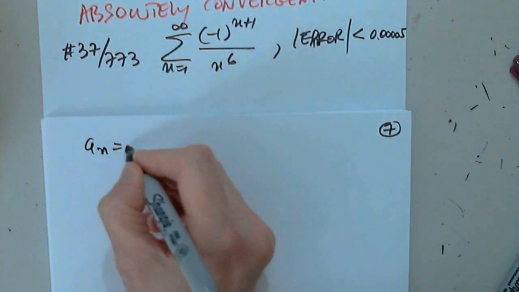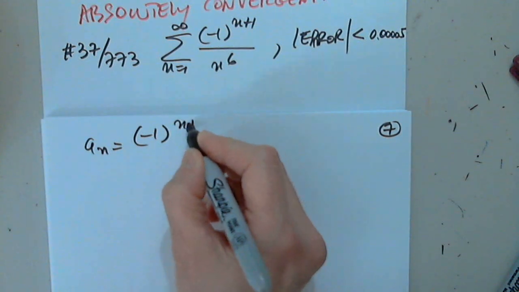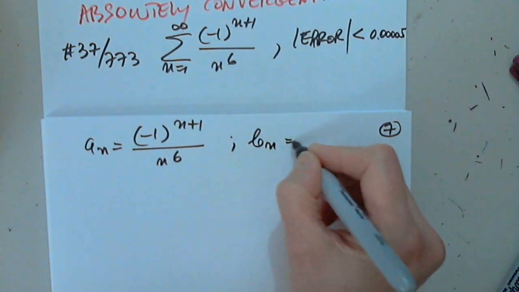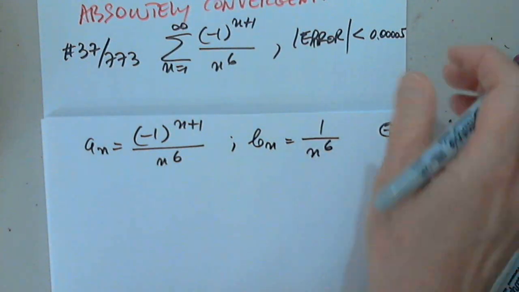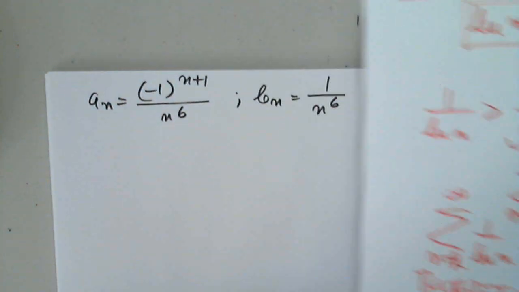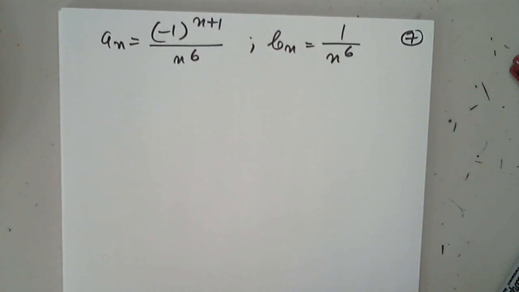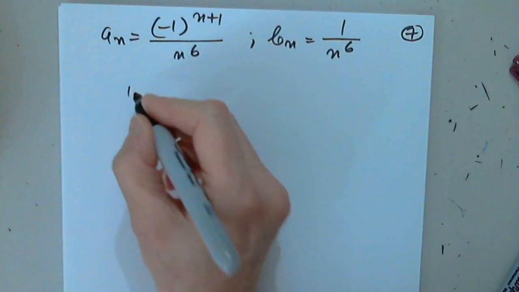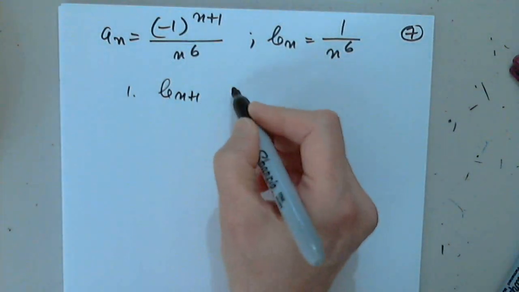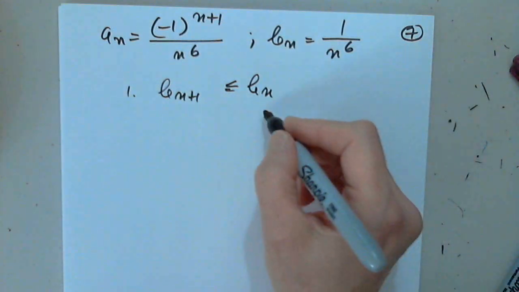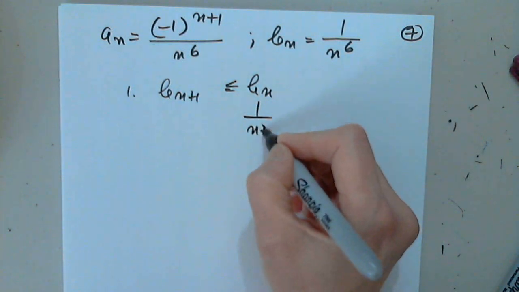Okay, so first let's talk about the convergence of this series. So again, a sub n is -1 to n plus 1 over n to the sixth, but b sub n is 1 over n to the sixth. First of all, is b sub n plus 1 less than or equal to b sub n? In other words, is it decreasing? And the answer is yes.